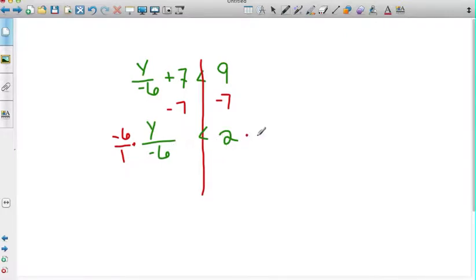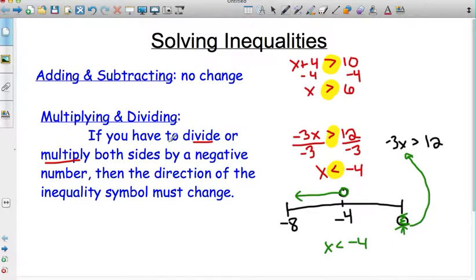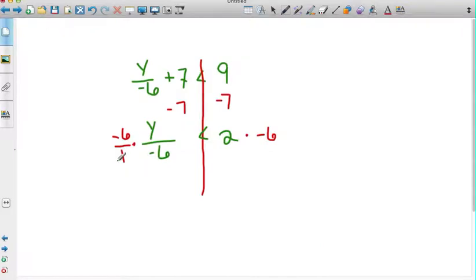This was our rule from today, and we found out that if you have to divide or multiply both sides by a negative number, like we did here with the 3, then the direction will change. Therefore, since I multiplied by negative 6, watch what happens to my inequality. I'm left with just y on this side, and I'm going to flip it: y is greater than negative 12.